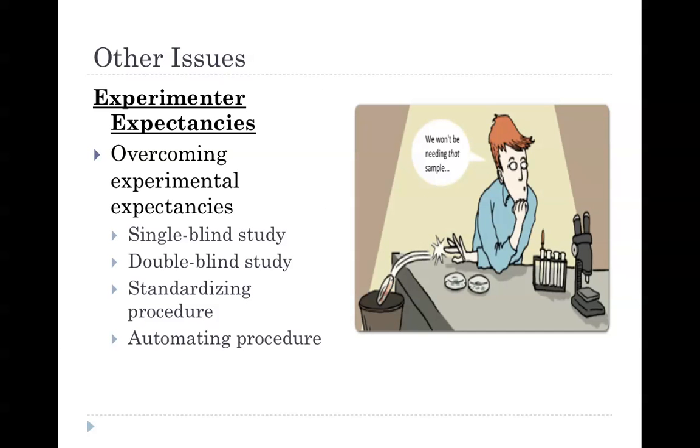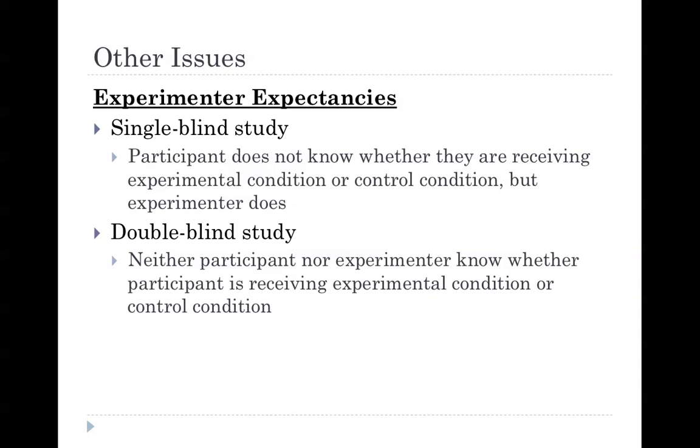However, there are 4 things we can actually do to overcome experimenter expectancies. These are a single blind study, a double blind study, or we could standardize the procedure or automate the procedure. So let's go over what these mean. The first thing we could do is a single blind study. In this situation, the participant does not know whether they are receiving an experimental or a control condition, but the experimenter does.